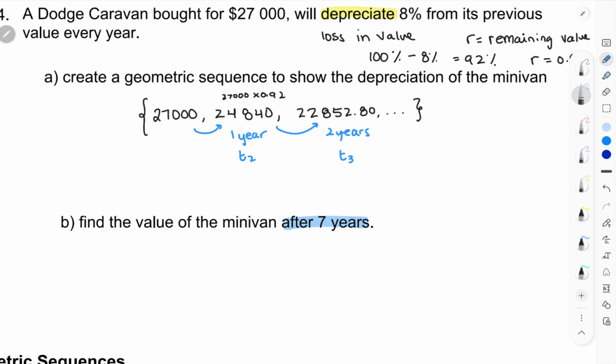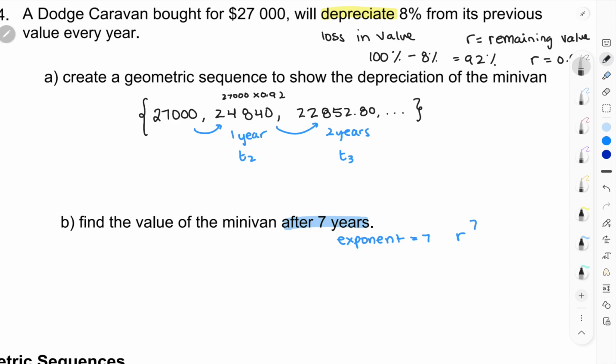If I want to talk about how much something has changed after 7 years, I want the exponent to be 7. I want to see r to the power of 7 after I've done any sort of simplifying, because that means I want to see this value change 7 different times.